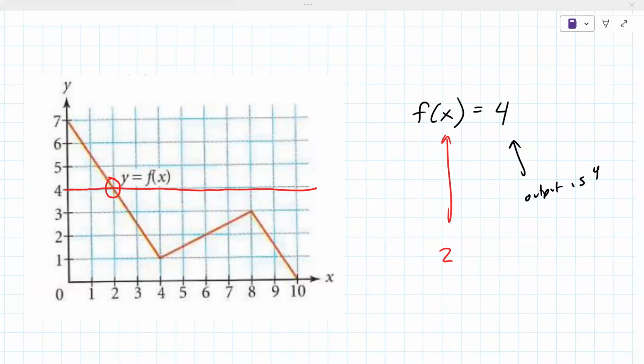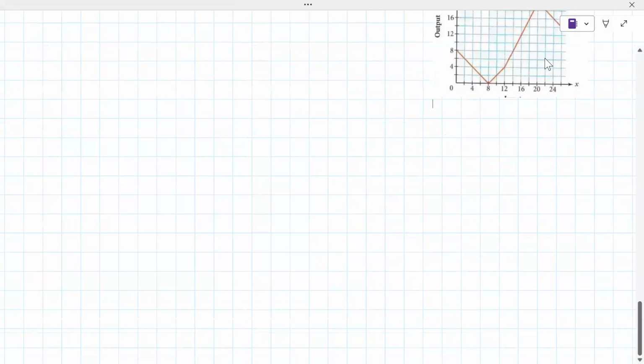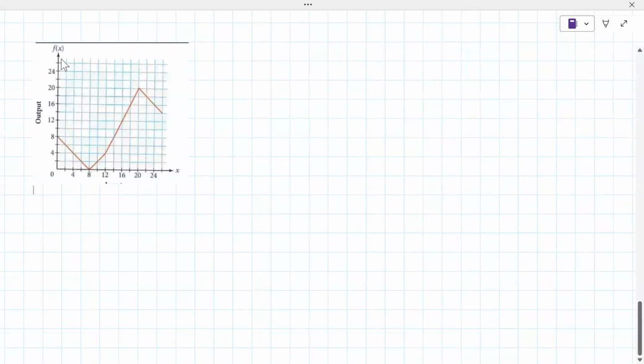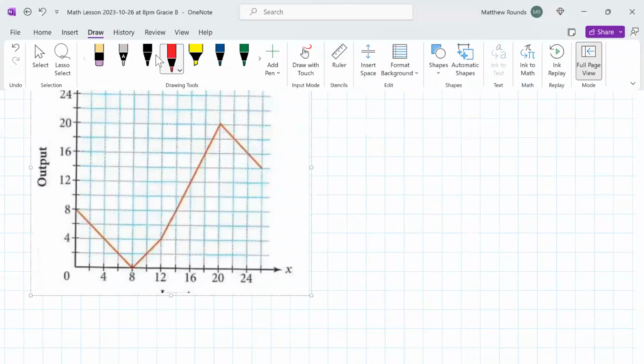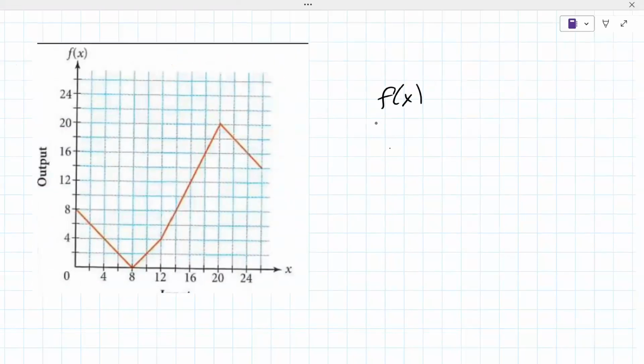Let's look at another graph. All right. I want to know where f of x equals 20.